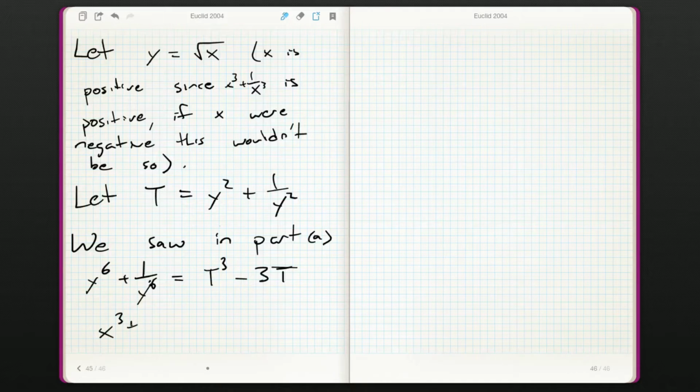But then that's x to the 3 plus 1 over x to the 3 is, then this is x plus 1 over x. I thought, blasted, I thought I had it. I really thought I had it there.